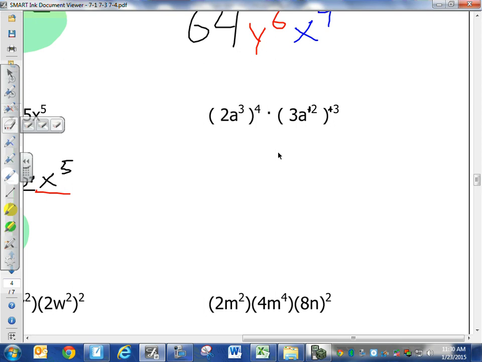Remember, we're just multiplying. We add exponents, but we multiply numbers. Is that 18 or 16 here? 18. Yep, I think that's right.